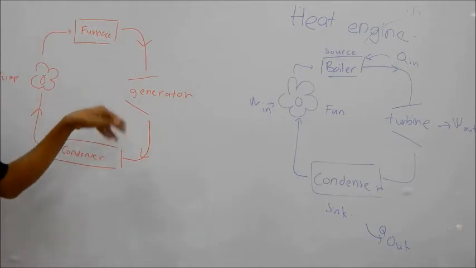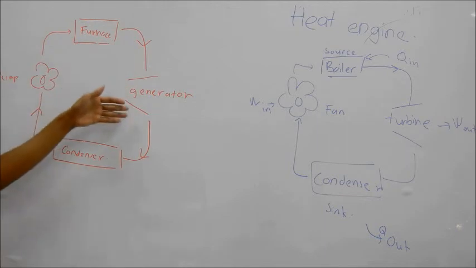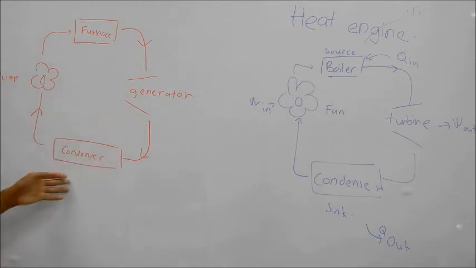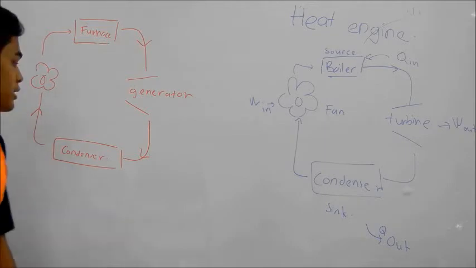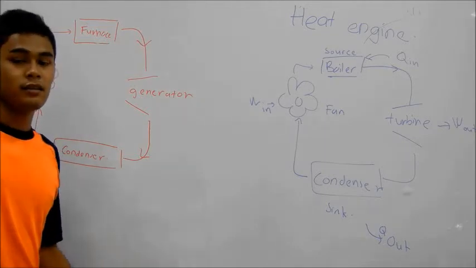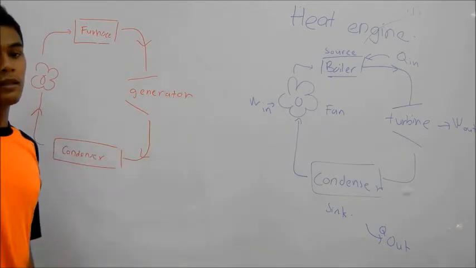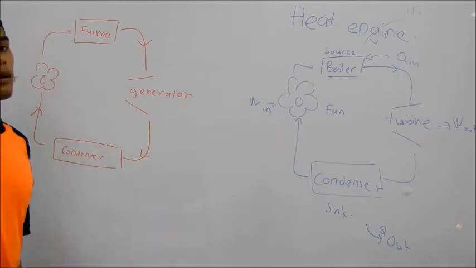Then the result of moving the generator transfers into the condenser and then back into the pump to maintain the operation in a cycle process. Now you see the process of the heat engine, the application of the heat engine in the real world.